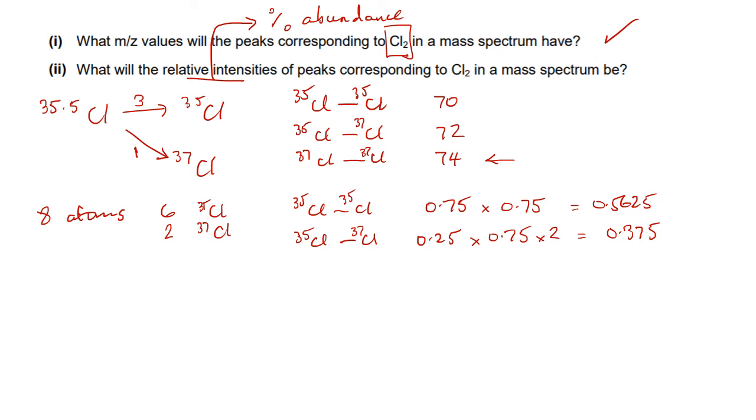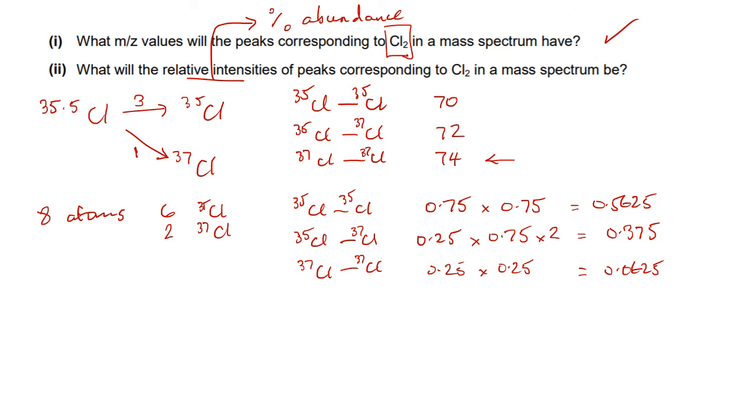And then the last option is 2 37s, in which case we've got a 0.25 chance of picking a 37, and a 0.25 chance of picking another 37, and that comes out to 0.0625.